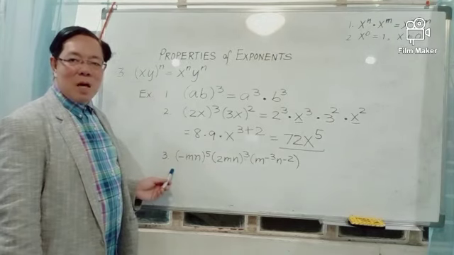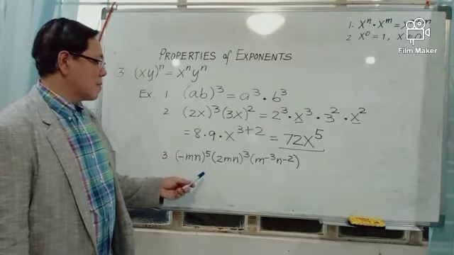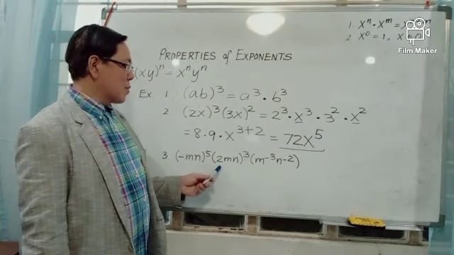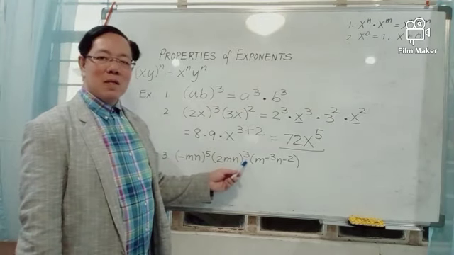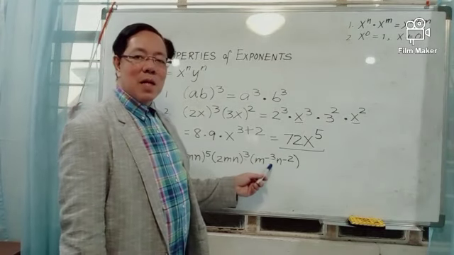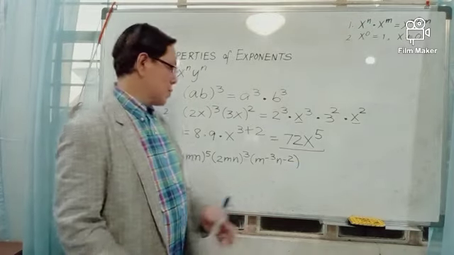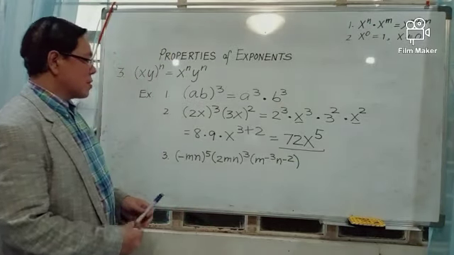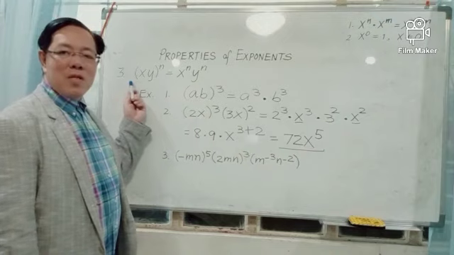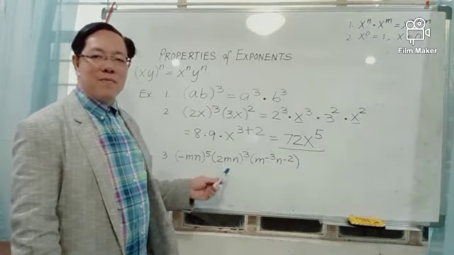For our third example, consider negative mn raised to 5 multiplied by 2mn to the power 3 multiplied by m to the negative 3 and n to the negative 2. We start by applying the third property of exponents to the first factor and the second factor.